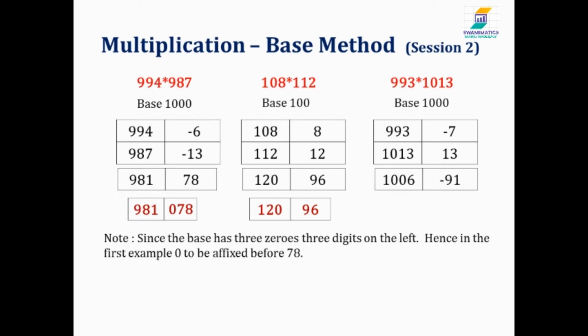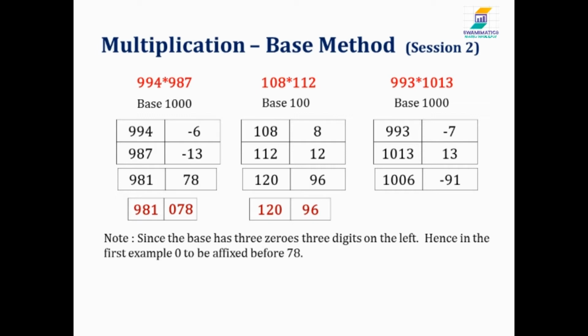With the cross operation, 1013 minus 7 is 1006, and minus 7 into 13 results in minus 91. Minus indicates what? We need to subtract 91 from whatever answer we get. Also, when you look at the number on the right side of 1006, it has two digits, whereas your base has three zeros. That means we need to affix a 0 for 91.